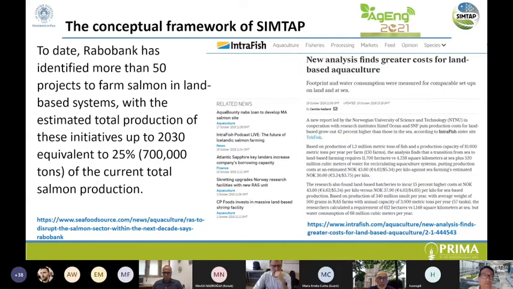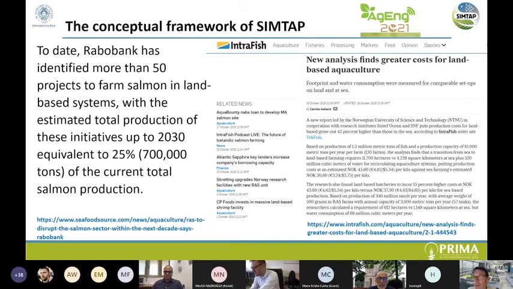More than 50 projects can be found at the moment, aiming to move up to 25% of the production before 2030 to inland-based systems. The costs are, of course, higher.